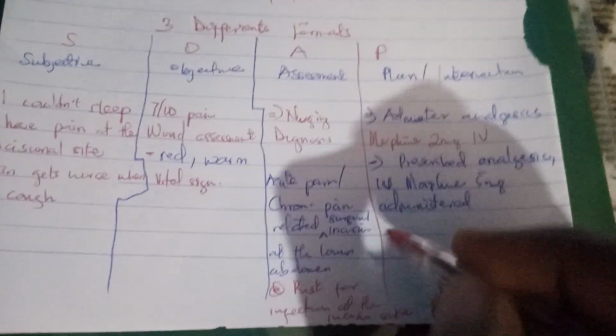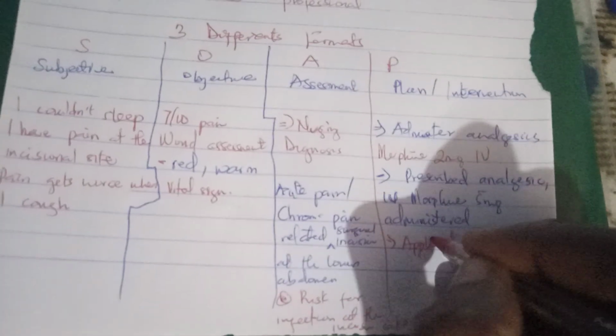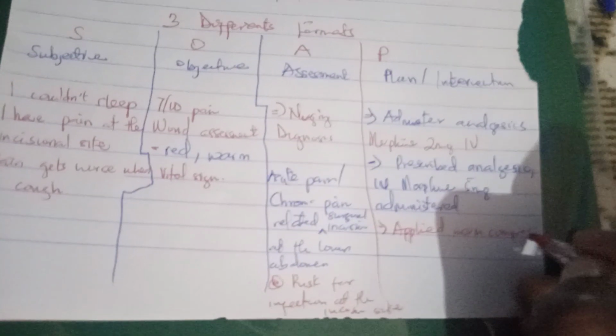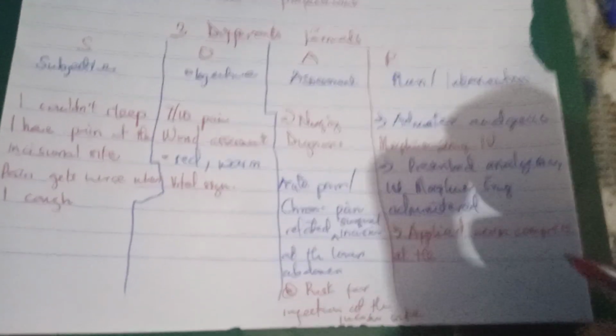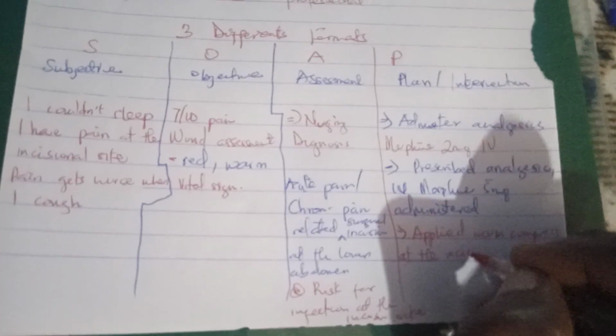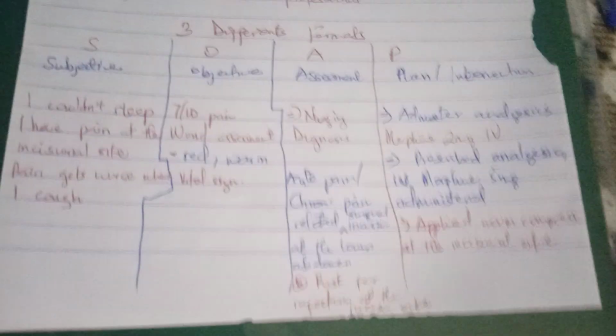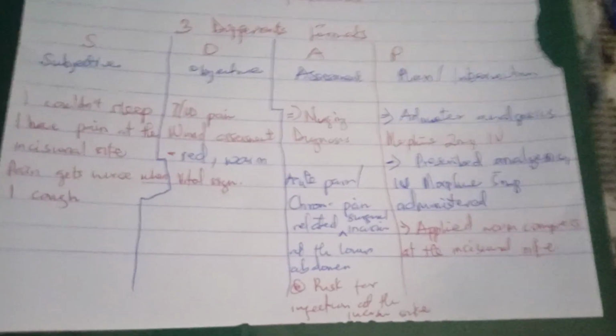Administered. Okay. After that, what else did you do? What other interventions? Okay. Let's say you applied a warm compress at the incisional site. You applied a warm compress at the incisional site.